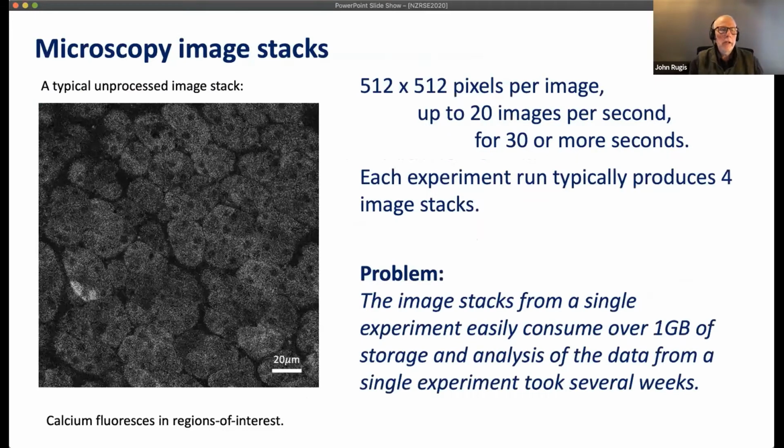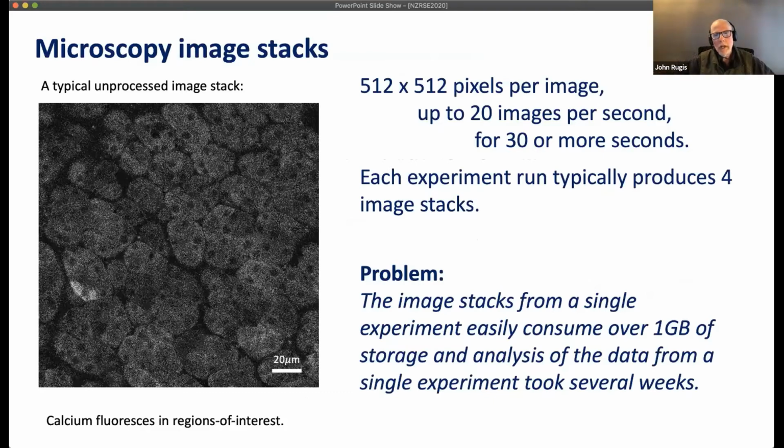So, okay, here's what an example image stack looks like. Each slice, or each image in this stack, is a 512 by 512 pixel image. It's just sort of a 2D cut through the specimen.